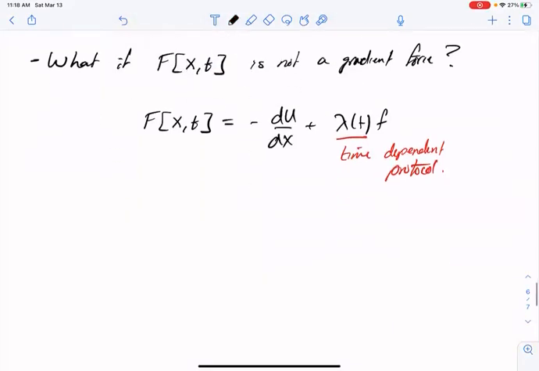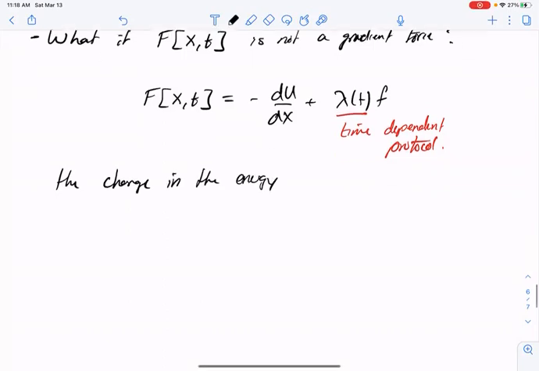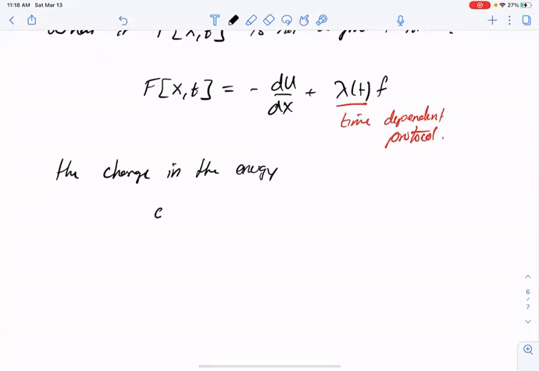So now the change in the total energy of the system has two components, du dt, because u is being acted on by both an external force and there's some gradient force.